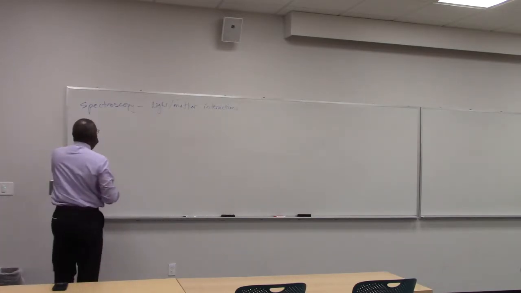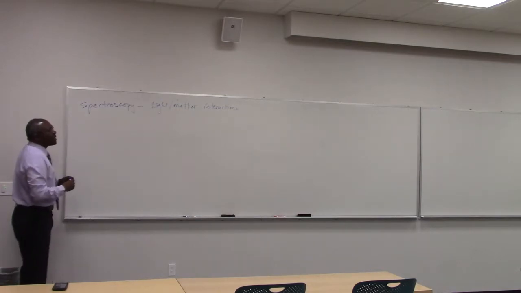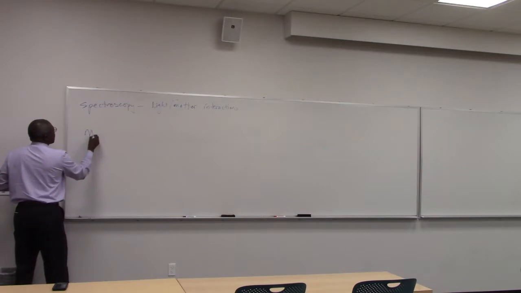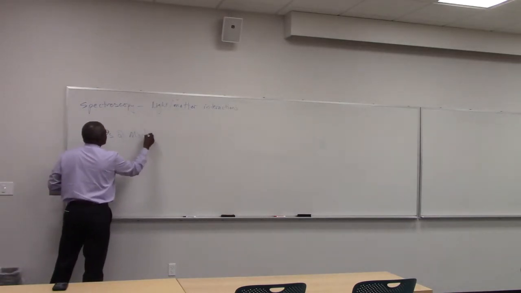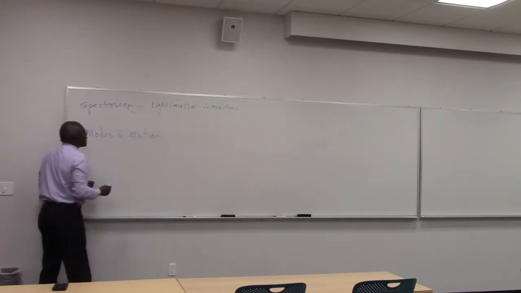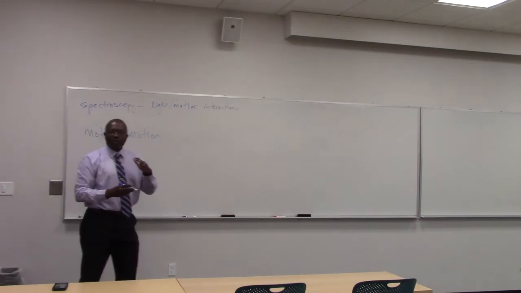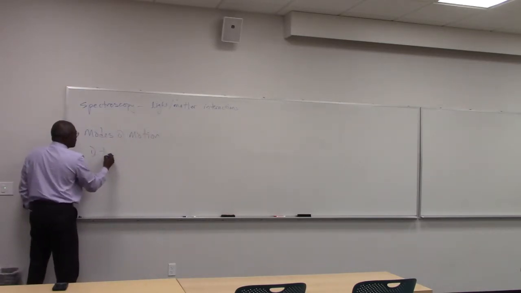And to get a sense of what happens in spectroscopy, we want to look at what we call the modes of motion. It turns out that there are 4 modes of motion. There is the translational mode.